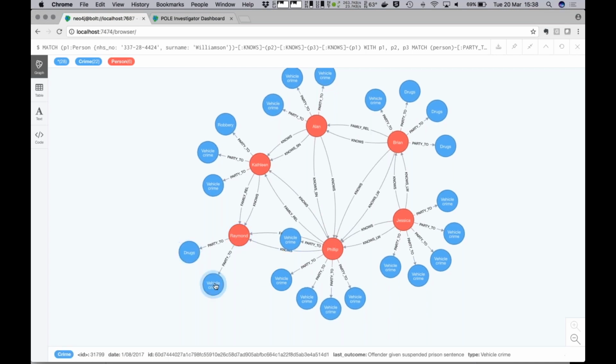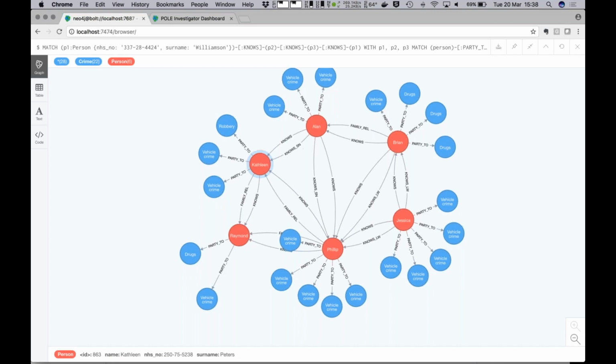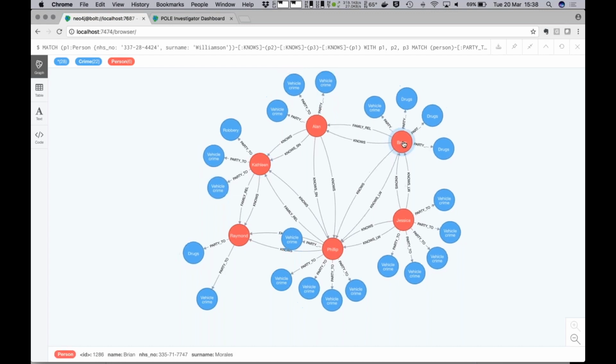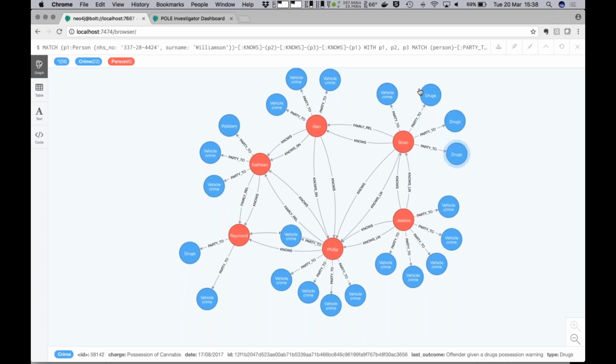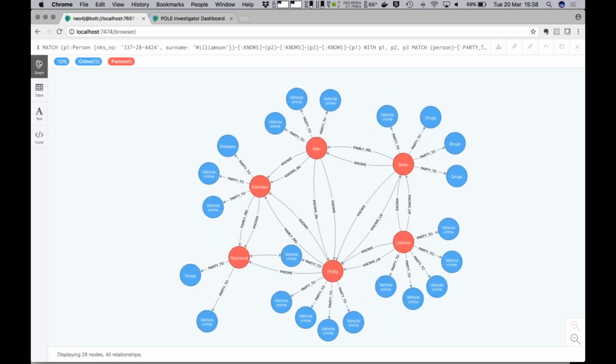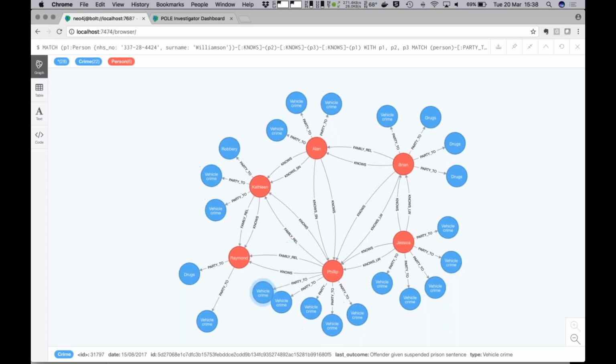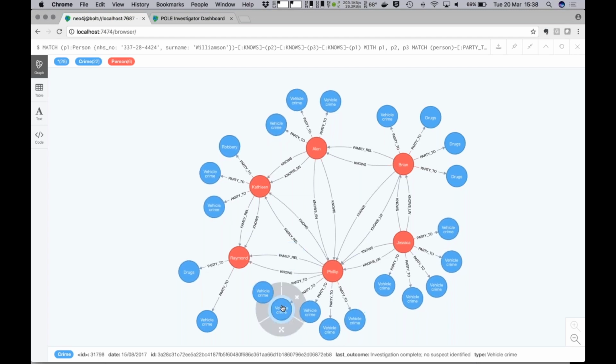He's also related to a vehicles crime. Here's Brian Morales that we saw before as well, a number of drug crime and vehicle crime. So there's a lot of vehicle crimes here in the social network that sits around Philip. So what we could be looking at here could be a gang, a network of criminals who specialize in vehicle crimes, maybe vehicle theft. So this might be something that could then be added into the investigation for those crimes or built into a bigger investigation.